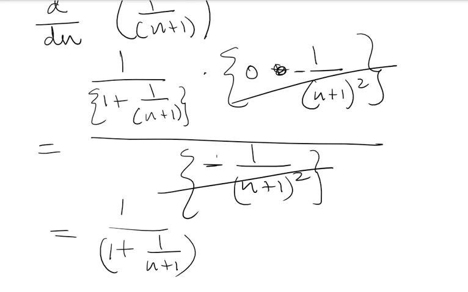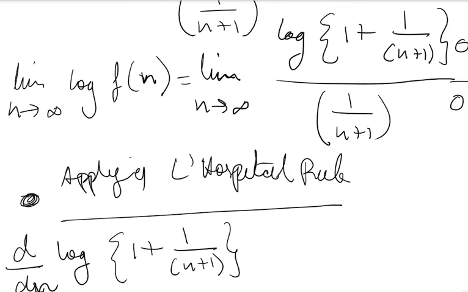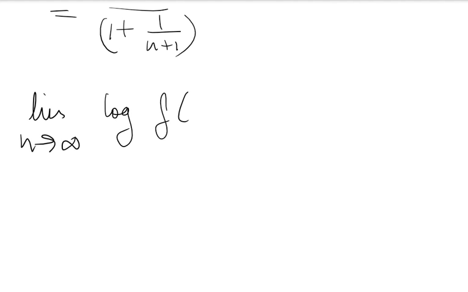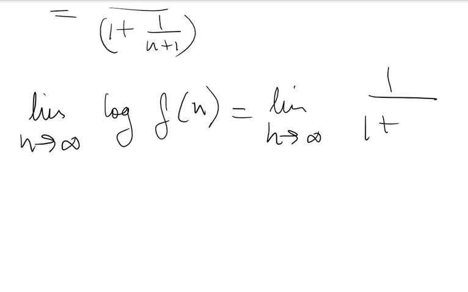Okay, now let's use the limit on top. So limit n tends to infinity log f of n is equal to limit n tends to infinity 1 by 1 plus 1 by n plus 1. So this part is 0 when you put infinity, so this is 1.